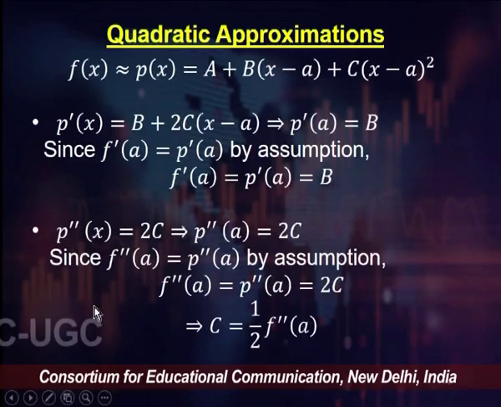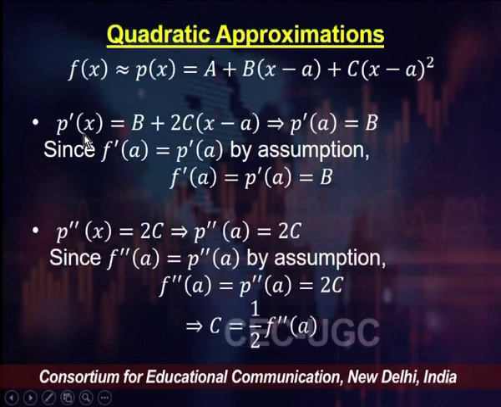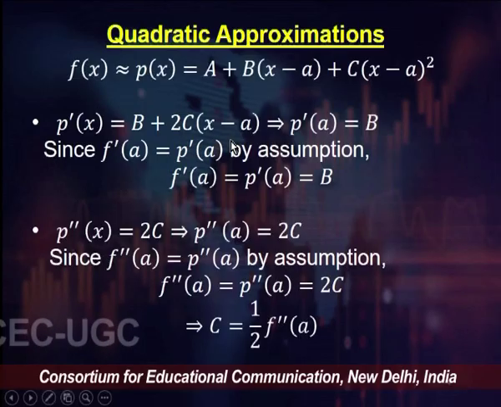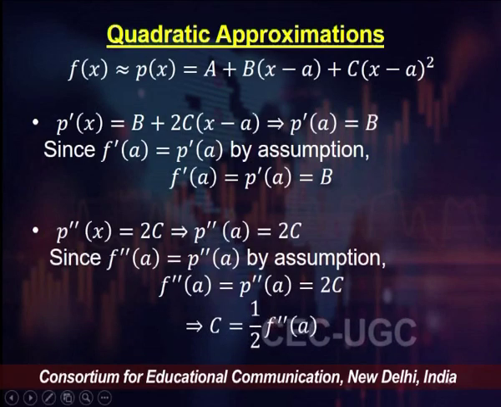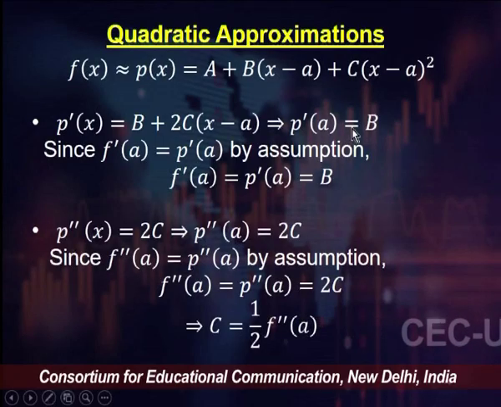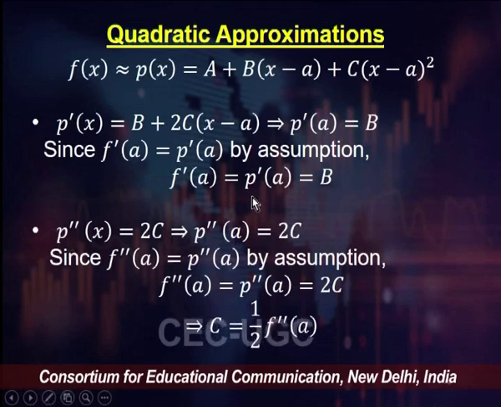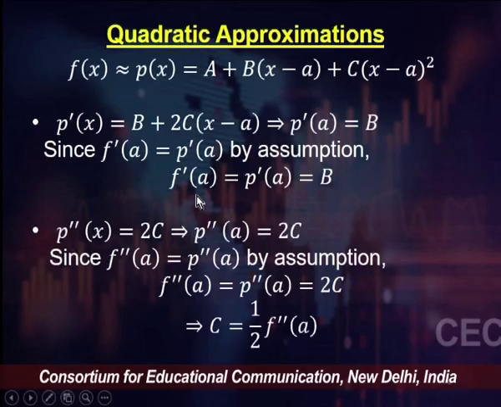Further, if I calculate the derivative of p with respect to x, I have B plus twice C times x minus a, right? And this in turn implies that p prime at a is equal to capital B. Now, because p prime at a is equal to f prime at a by assumption, we have that f prime at a is equal to p prime at a is equal to B. So, our B is equal to f prime at a.